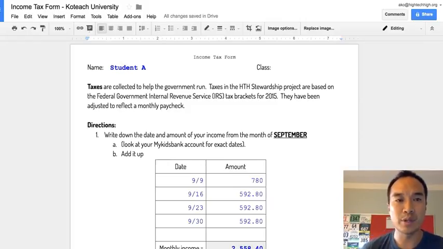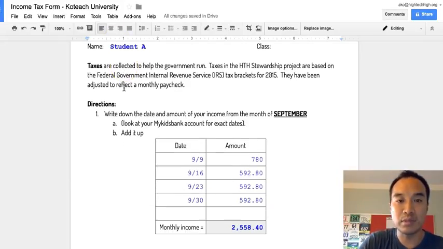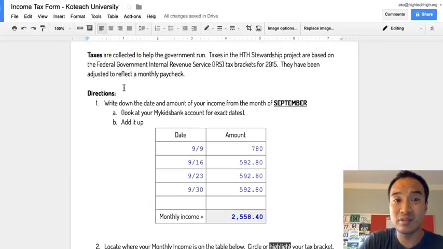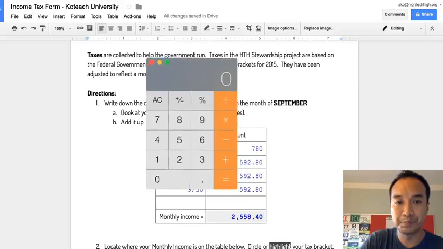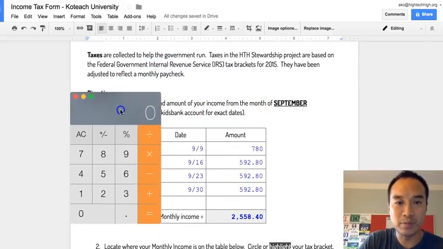All right, so here's an income tax form, and this is filled out by student A as an apple. The job of the tax person is to check to see if the person calculated the numbers correctly. So for example, here's our calculator.